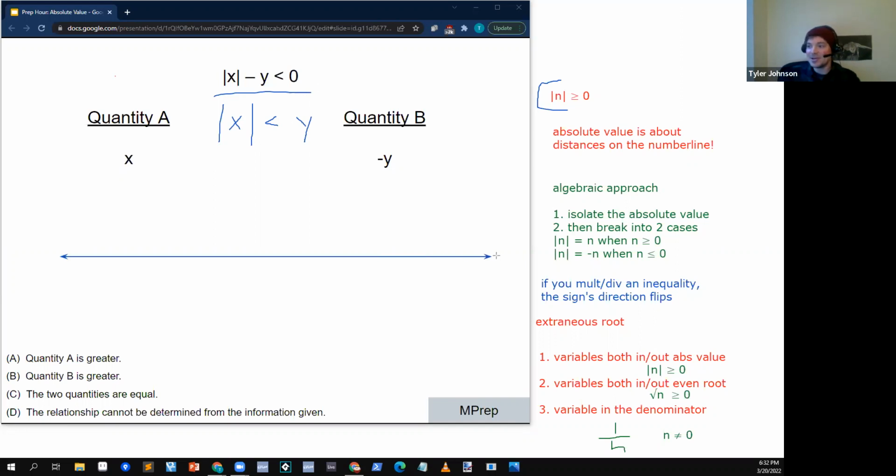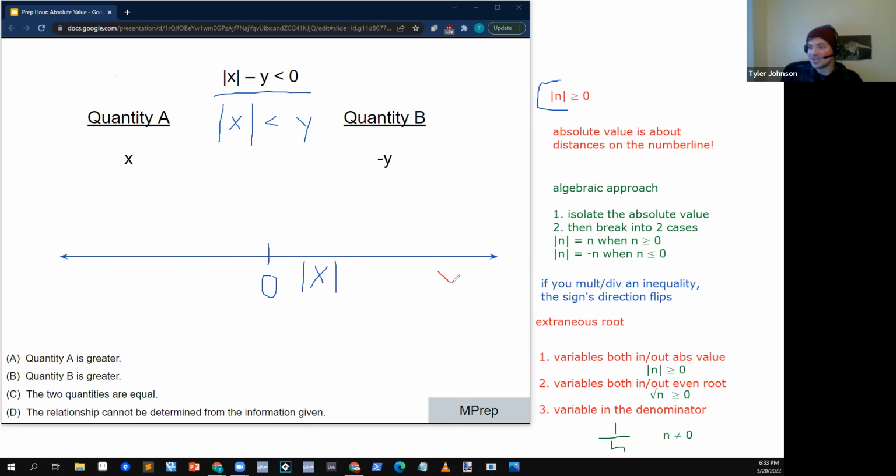So if I consider a number line, remember that the absolute value of x has to be something positive, and it's positive or 0. So let's just arbitrarily plot it right there. There's my absolute value of x. And that is smaller than y.